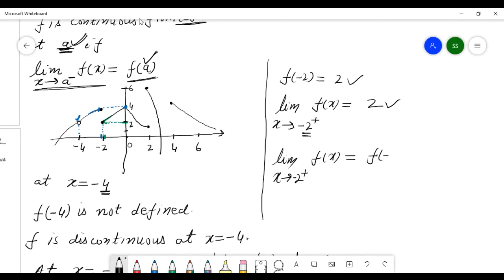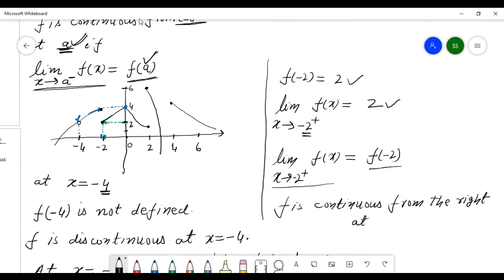as f of -2. Okay, so it means the right limit at -2 and f of -2 are the same. It means f is continuous from the right at x equal to -2.